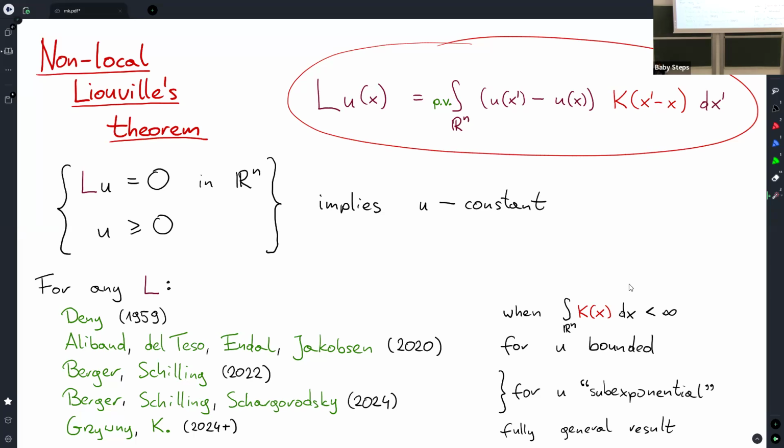And when you consider the case where the integral of K is infinite, this is a more modern problem. A solution for u bounded, not on one side, but bounded on both sides, was given five years ago in Paris by Alibaud, Del Teso, Endal, and Jakobsen. Their proof is very long and very technical.